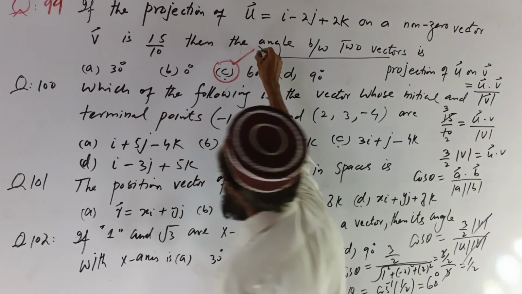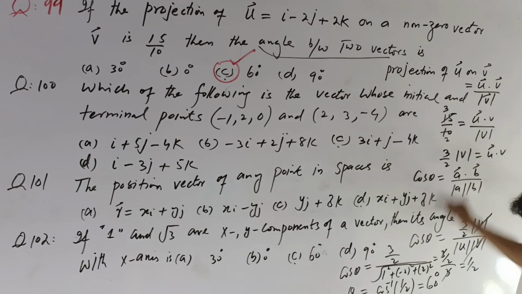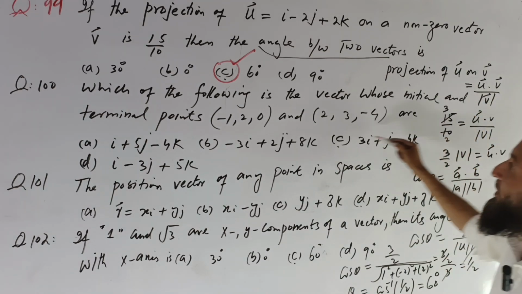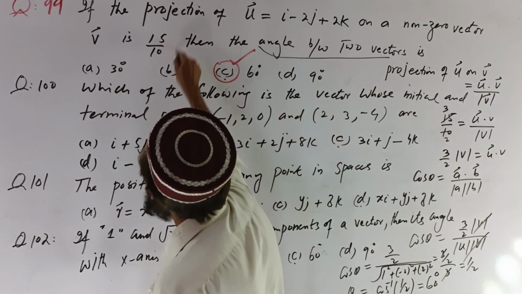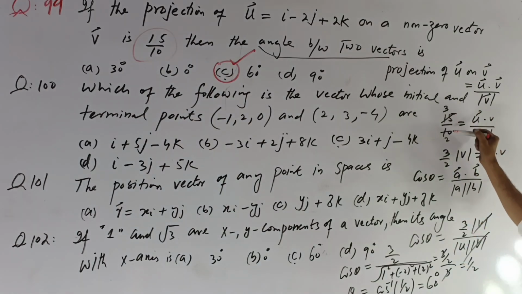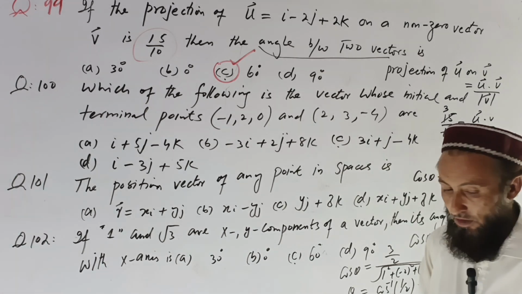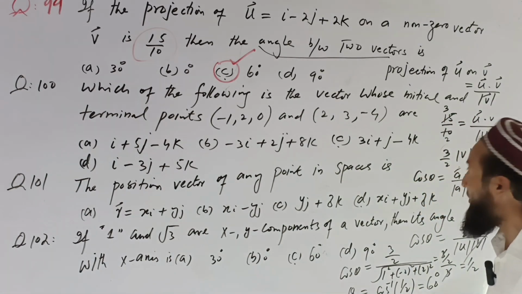According to the projection of u on v, already given as 15 divided by 10, if we simplify, 5 3s are 15, 5 2s are 10, so we get 3 divided by 2. We multiply u dot v according to cos theta equal to a dot b, put in place of this result here, and we get cos inverse 1 by 2 is equal to 60.